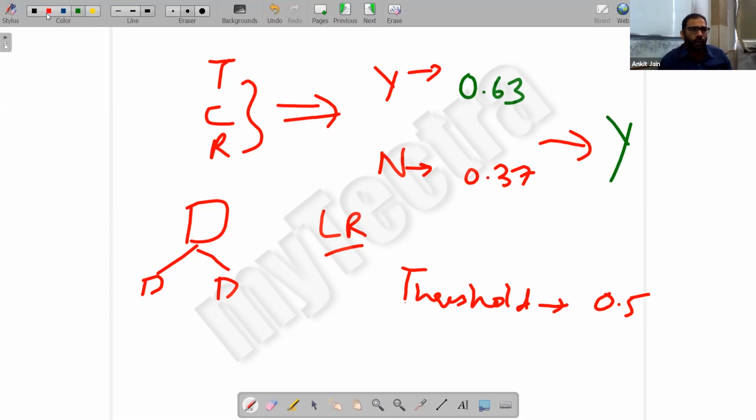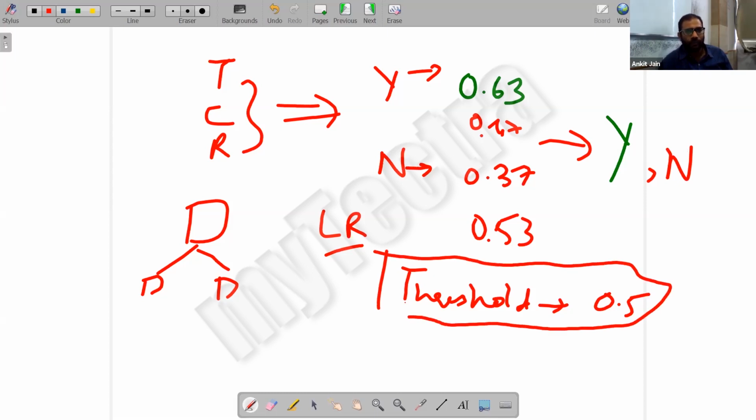Suppose this was 0.53 and this was 0.47, then your answer would have been no. Is it clear? The parameter here is the threshold, which we are setting. Every time it goes as an input to your logistic regression.